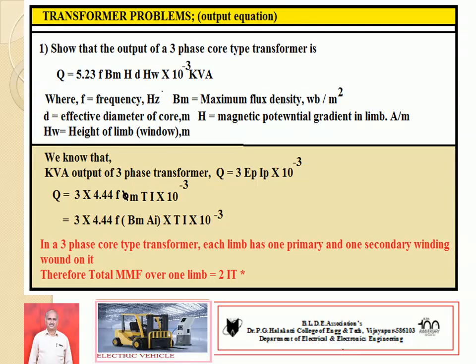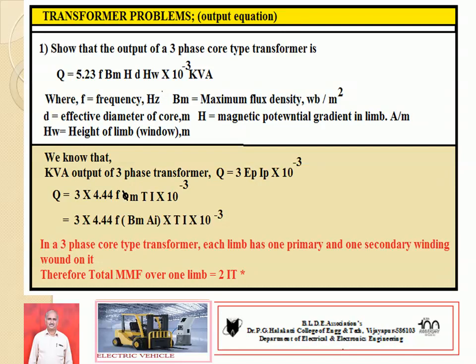What is the EP? Substitute phase EMF 4.44 f phi m T, the general value. Then substitute the value of phi m equal to Bm into Ai. Then T and I is nothing but ampere turns.